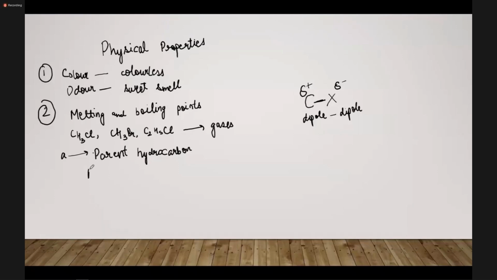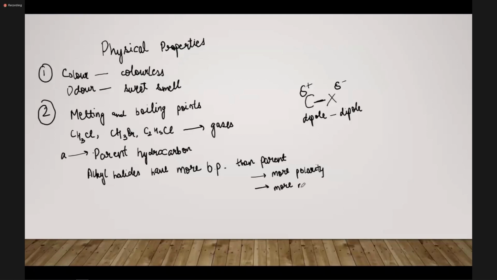So the conclusion says that alkyl halides have more boiling point (BP is for boiling point) than their parent hydrocarbon. And why is this so? Because of more polarity and more molecular mass.